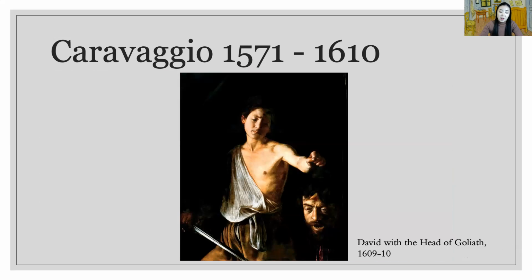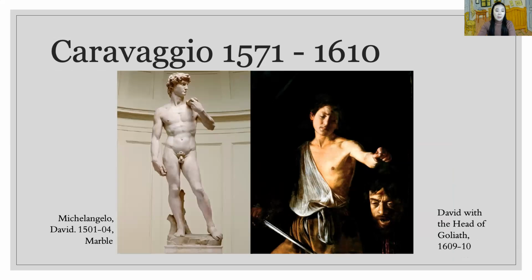And this is David with the head of Goliath by Caravaggio. And this same theme was made in a different era by Michelangelo. So even though Michelangelo and Caravaggio depicted the same David in their works of art, their Davids look totally different.